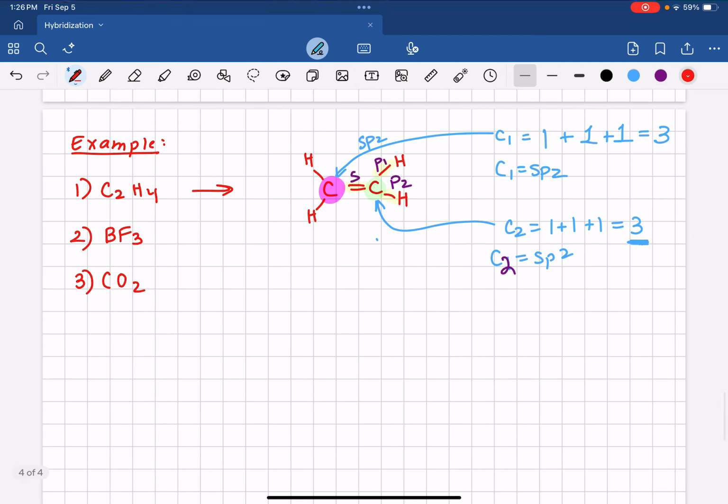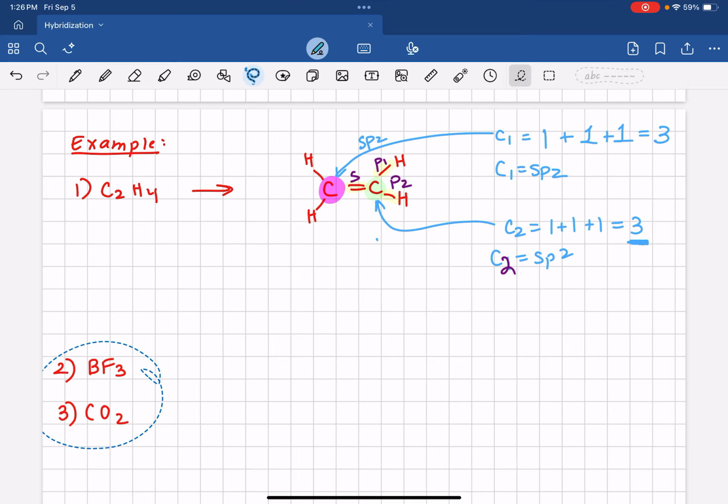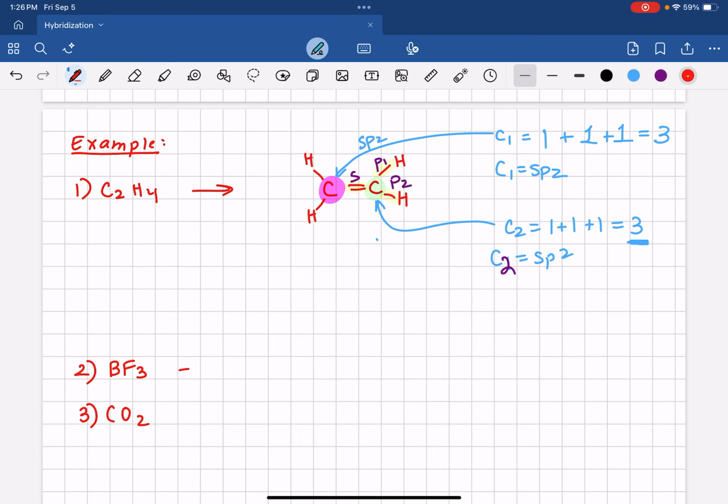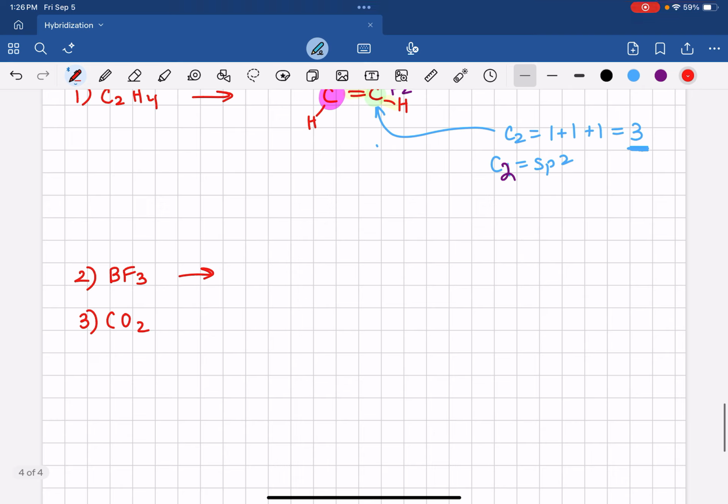Let's go ahead and work with, let me separate this slightly, BF3. B is connected to 1 fluorine, 2 fluorine, 3 fluorine. I want to figure out the hybridization of boron. Boron is connected to three atoms, 3 single bonds.